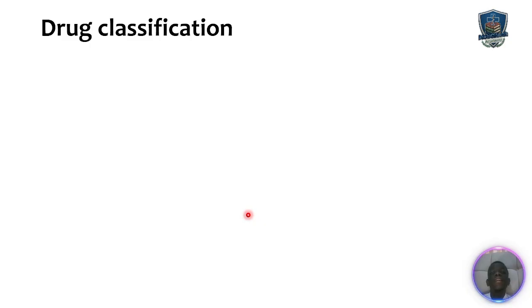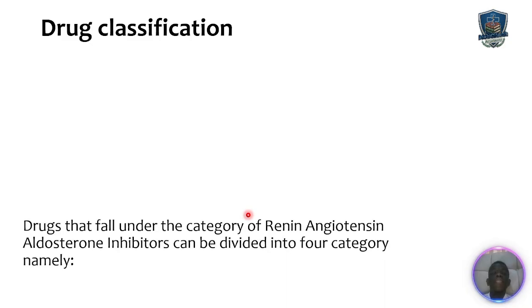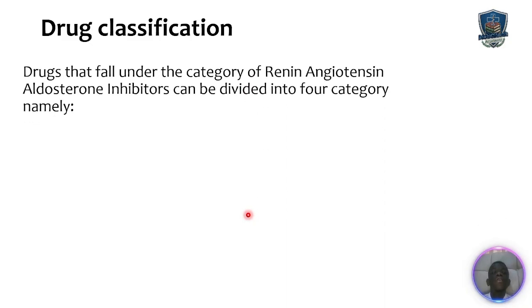So that being said, I'm going to just mention some of the drug classification, some of the drugs that work on this system. Drugs that fall under the category of renin-angiotensin-aldosterone inhibitors can be divided into four categories. Our first one is angiotensin converting enzyme inhibitors, drugs that go against our ACE.